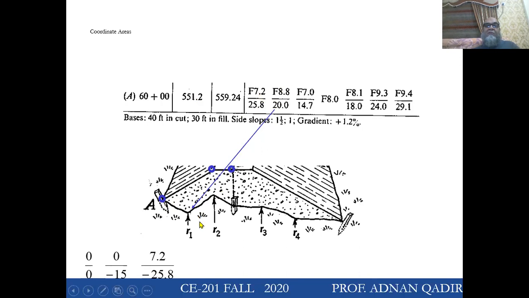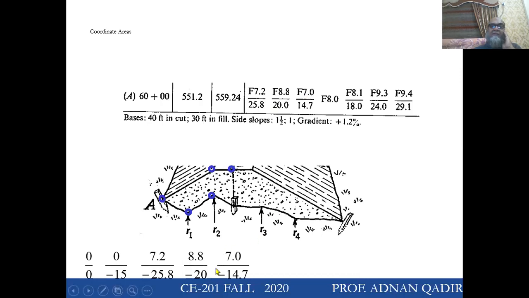Now if I go to this point, R1 is minus 8.8, minus 22, plus 8.8 and this becomes 20, minus 20, and then this point will be 7.0 and 14.7.